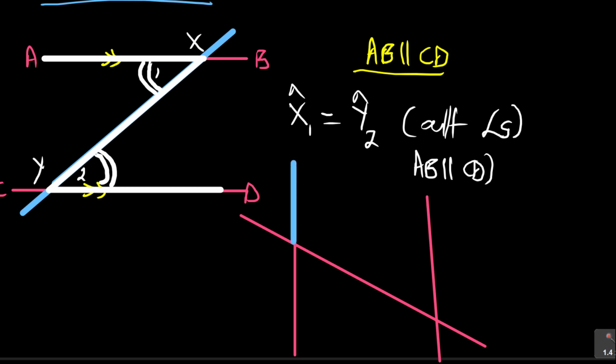Look at this. There is my N, like that, and like that. You can still find alternate angles. Where is it? That angle is equal to that angle.